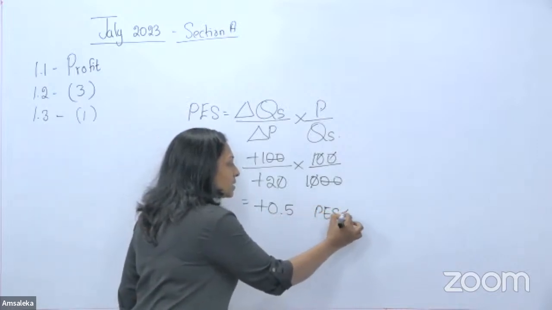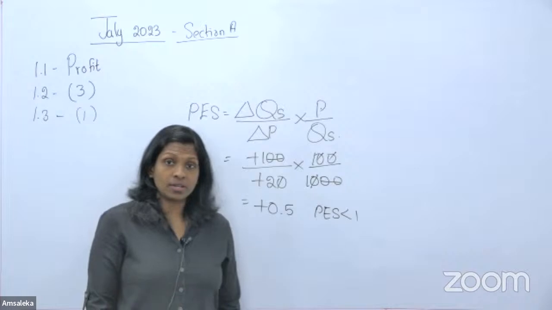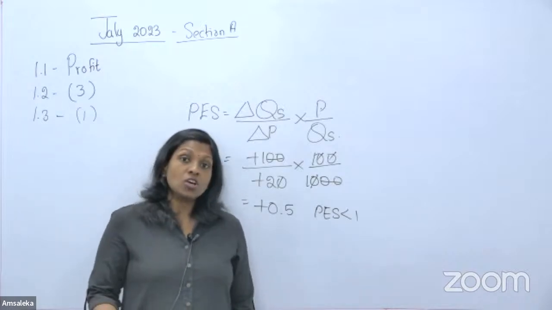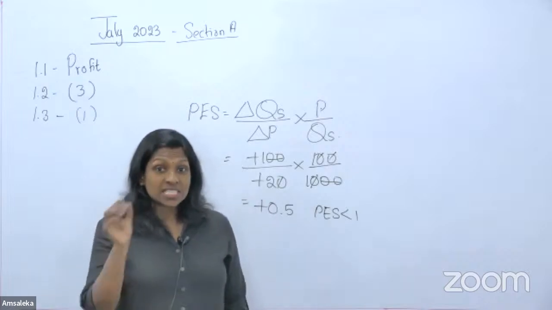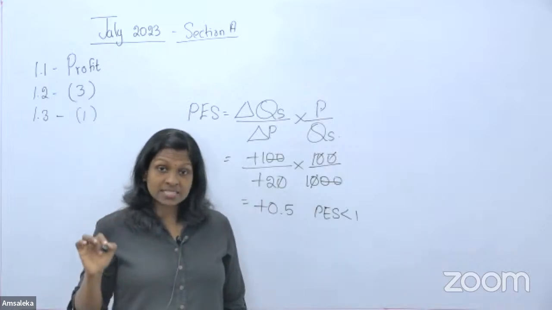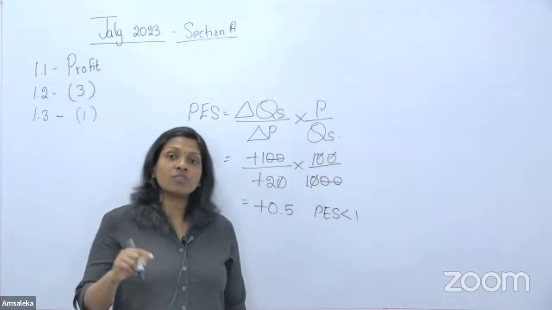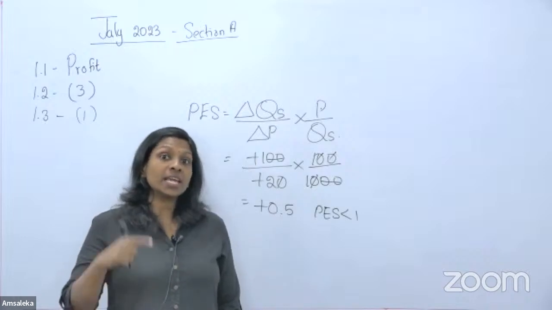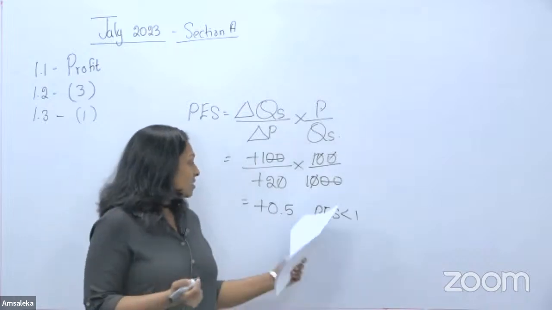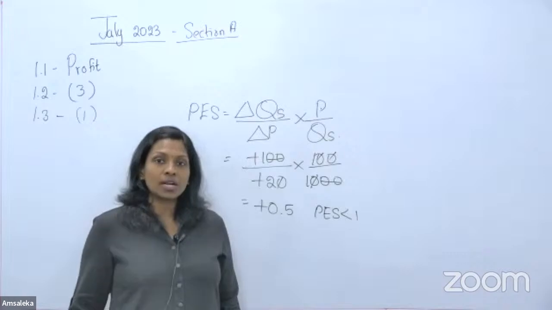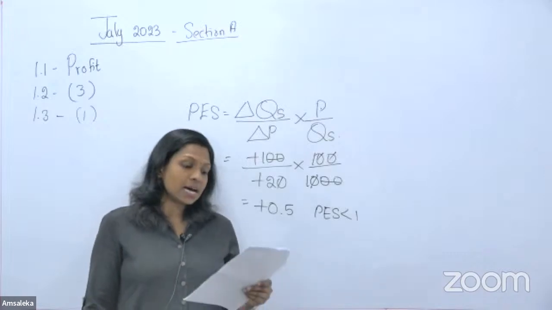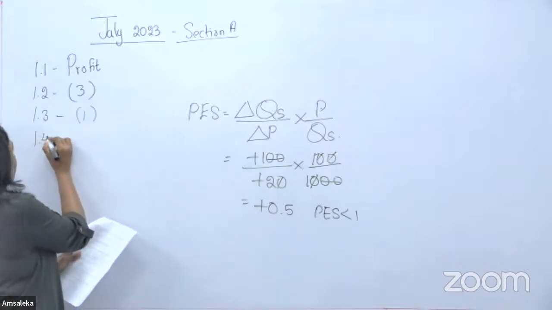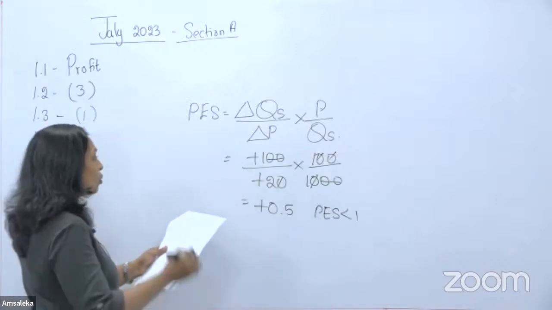Price elasticity is less than 1. There are 5 types we studied under price elasticity of supply: perfectly inelastic, 0; inelastic, less than 1; unitary, equal to 1; elastic, greater than 1; perfectly elastic, infinity. Since 0.5 is less than 1, it should be inelastic. So the answer for 1.4 is number 2.